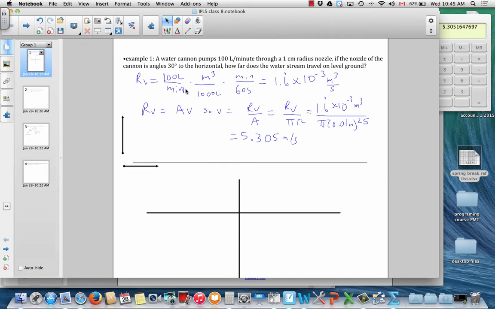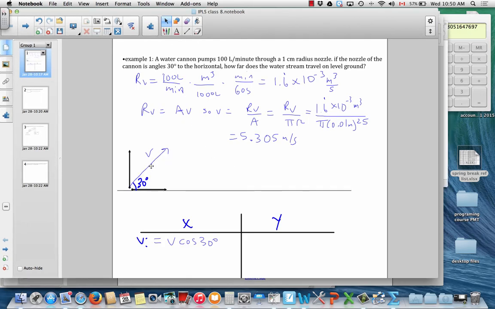So we visualize here. We're launching this water stream on a 30-degree angle. And we see that that water is going to be moving horizontally and vertically, both x and y motion. Now, for the x motion, this is going to just be found using triangle trig.